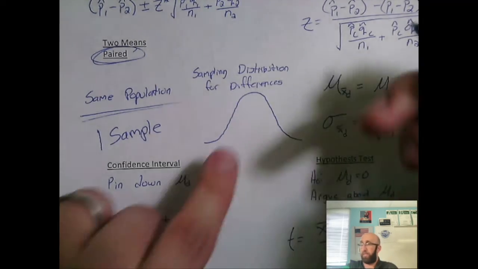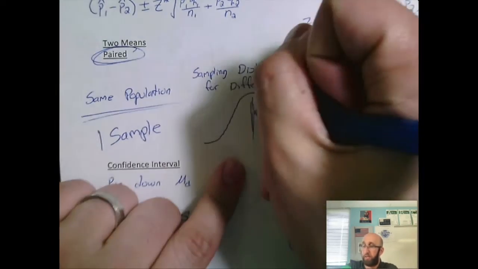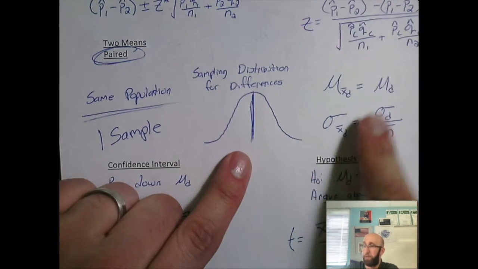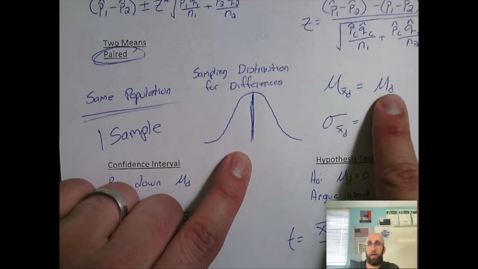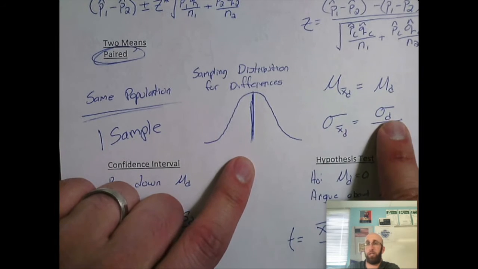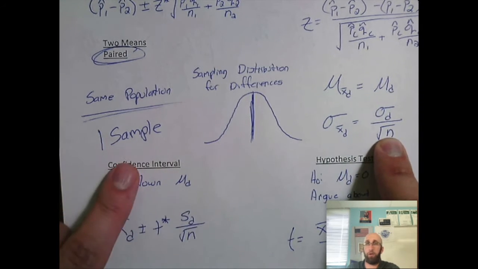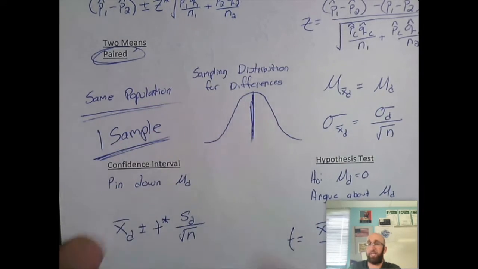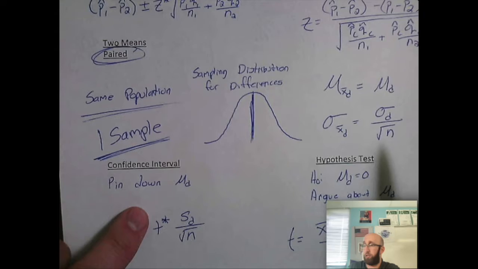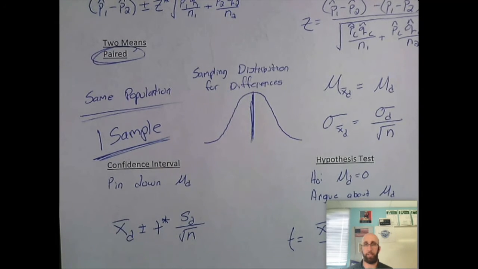The center of that sampling distribution is just mu equals mu d, so the center should line up with mu. The standard deviation should align with sigma d divided by the square root of n. This sampling distribution is very similar to the one sample sampling distributions. The only difference is we have this subscript d for the differences.